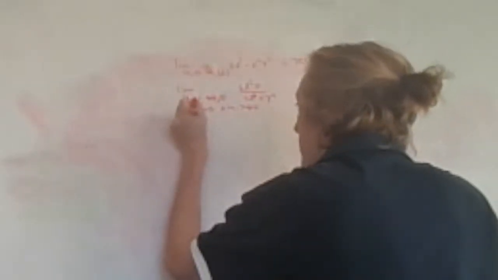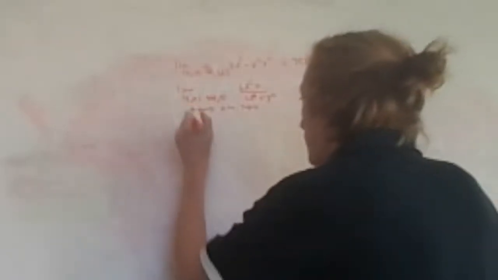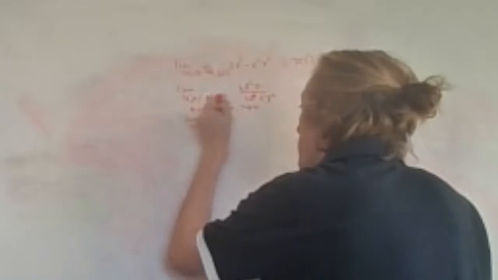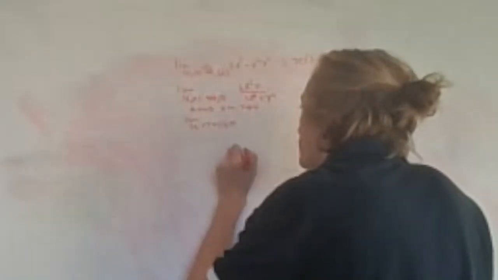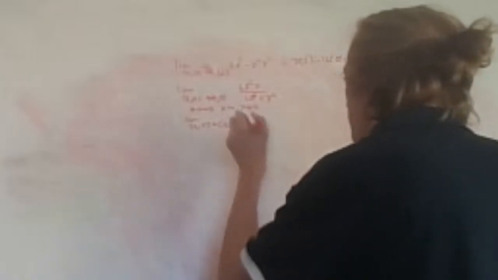So the limit as (0, y) goes to (0, 0) effectively becomes a single variable limit.